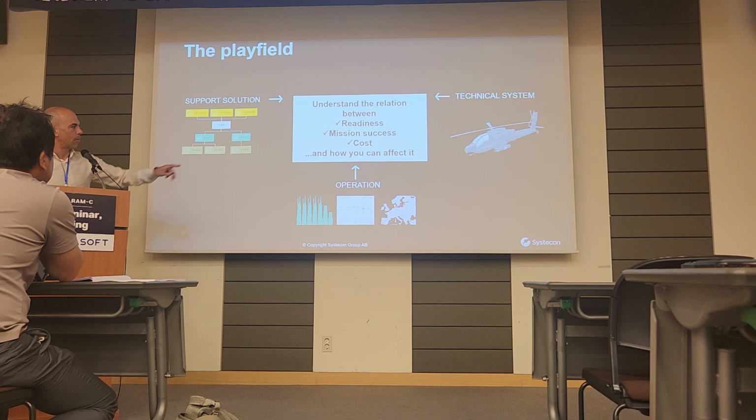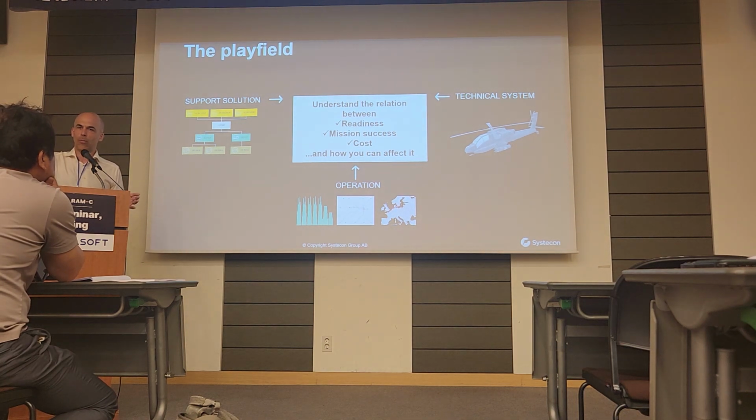The whole system is the interaction between these three entities. That is what we say is the system approach to perform logistics analysis and logistics optimization. You need to take on the system approach. You cannot be cost effective by only looking at one of these entities.